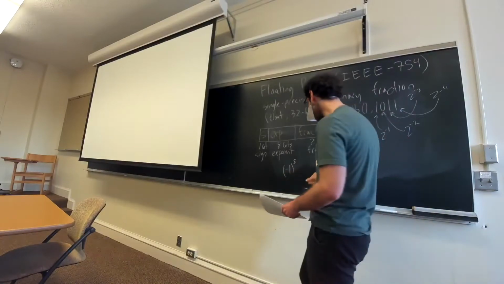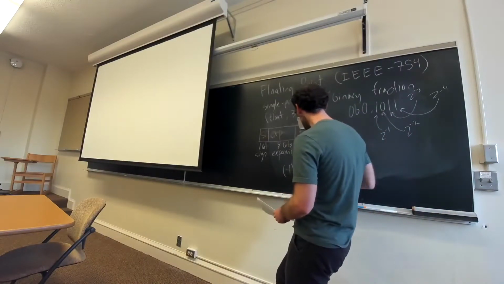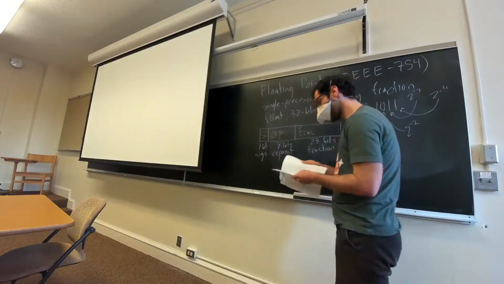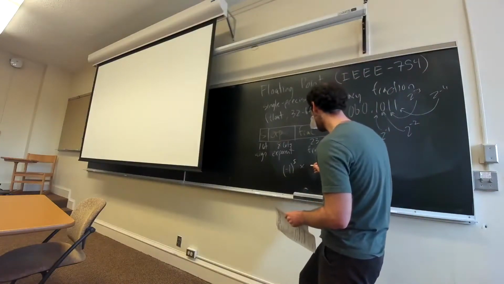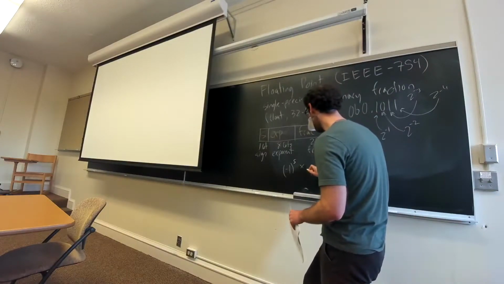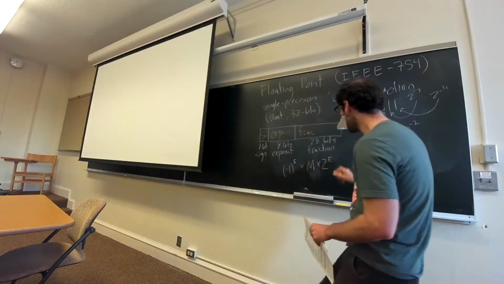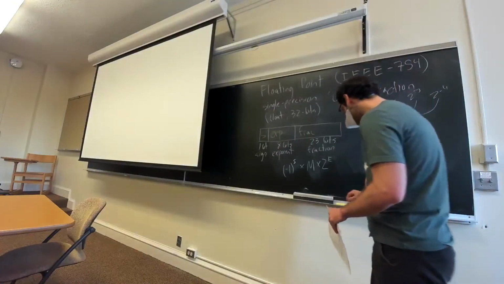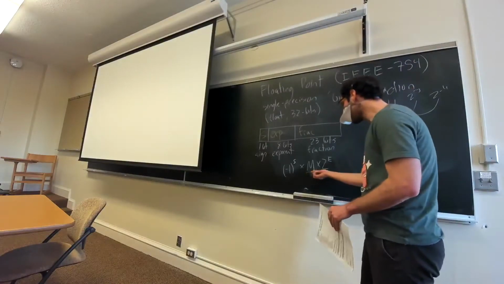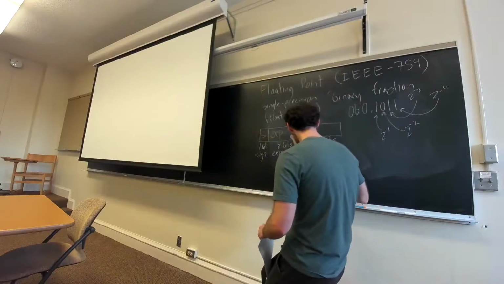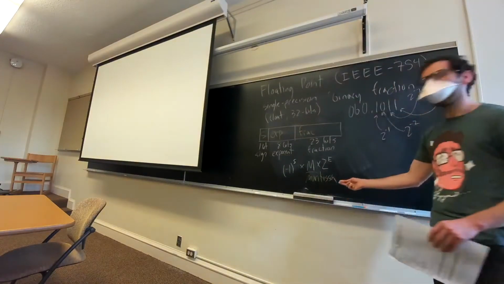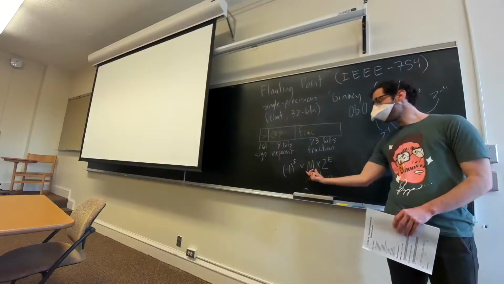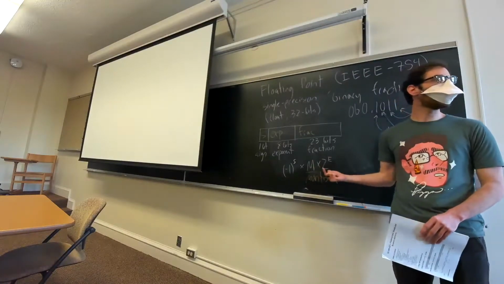If s is 0, this will be 1, times m times 2 to some exponent E. And this m here stands for mantissa, which is a fancy term for this portion of a scientific notation number.